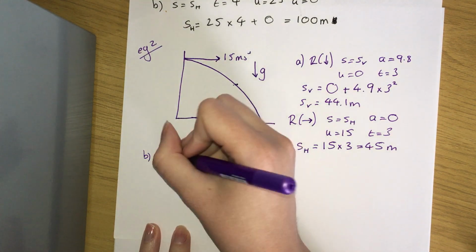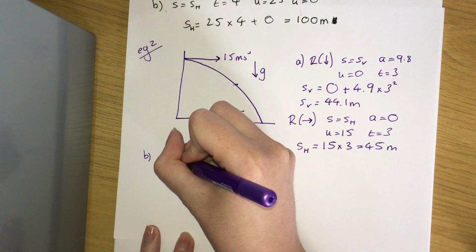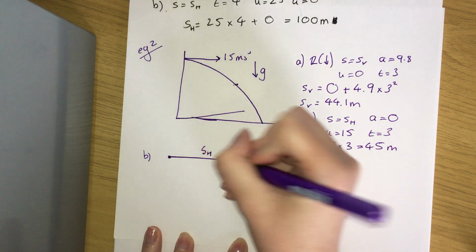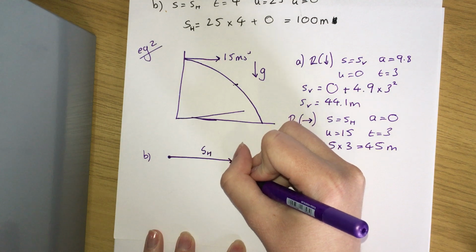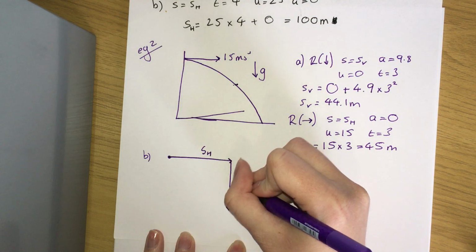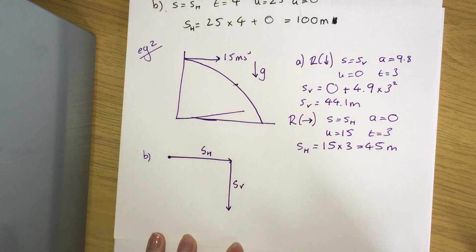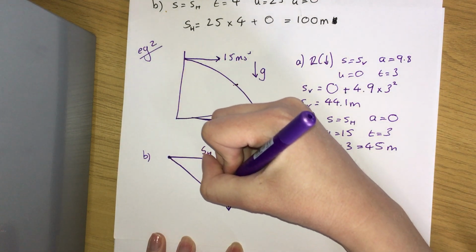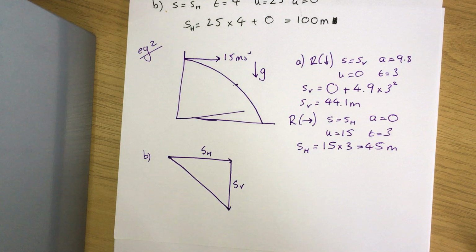So I know that from this initial point, I've had a horizontal displacement and I've also had a vertical displacement. So I want to find that direct distance there. Now obviously vertical and horizontal are perpendicular, so they meet at a right angle. So I've basically just got a Pythagorean problem.